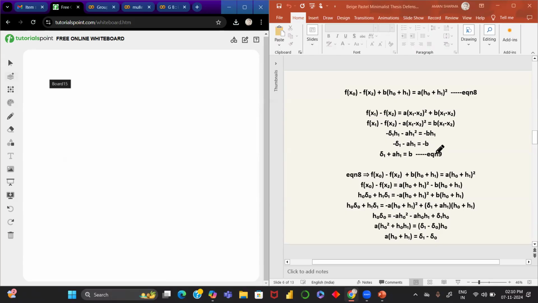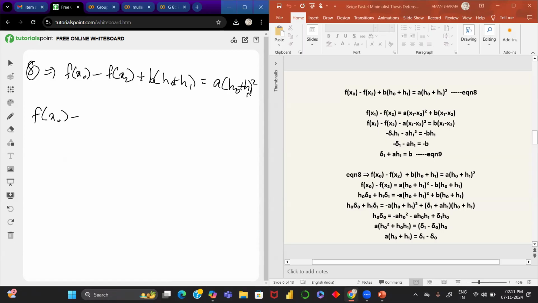Then solving using equation 8, we have f of x naught minus f of x2 plus b into x naught plus x1 is equal to a into x naught plus x1 whole square, and f of x naught minus f of x2 is equal to a into x naught plus x1 whole square minus b into x naught plus x1.